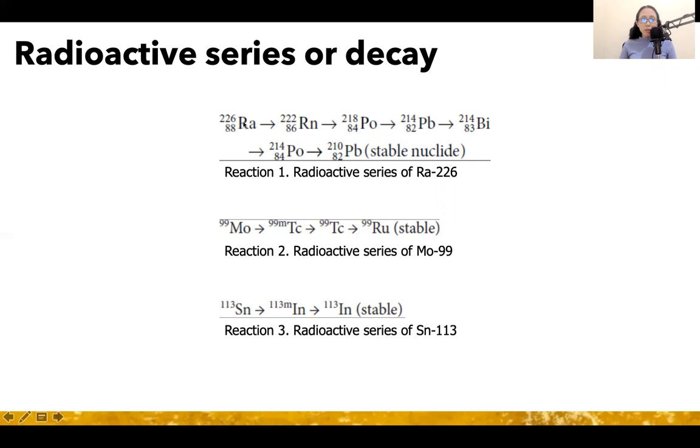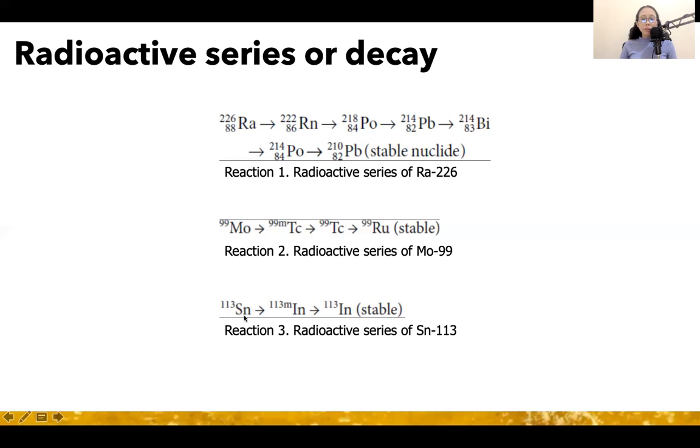Radium undergoes 6 steps in its radioactive series until it reaches lead 210. Lead 210 is found inside the belt of stability. It's a stable nuclide. It's not a radionuclide. So radium 226, the parent nuclide, and all the intermediate nuclides in this series are radionuclides. The daughter nuclide, again, is stable, so it's simply a nuclide, not a radionuclide.